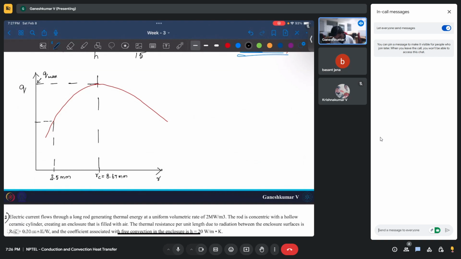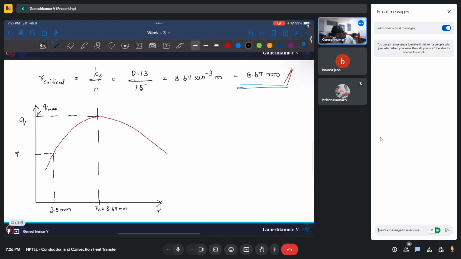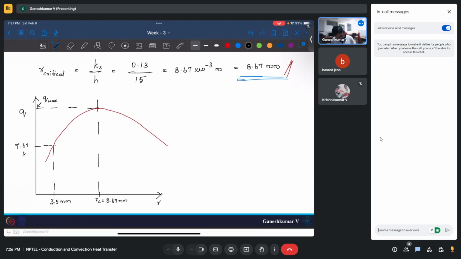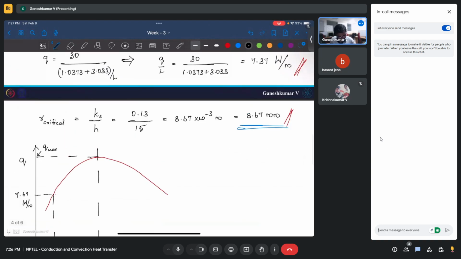Okay, so this is 7.67 watt per meter, and you can have a Q max when you increase the outer radius to 8.67 mm. Okay, so 8.67 mm minus 1.5 is like 7.1 mm is the thickness.